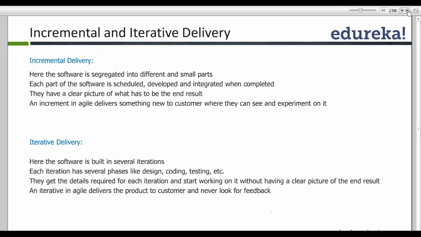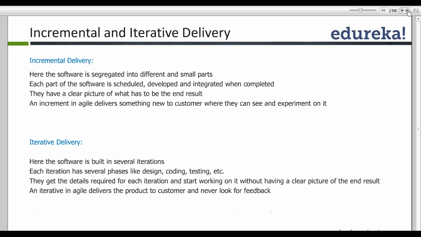When we say incremental, it means you are enhancing the feature or adding something new. In the second level, they might have incremented this software with deposit as well as withdrawal. The third increment would be deposit, withdrawal, and funds transfer. That is incremental delivery. We keep on incrementing the software and enhancing the version as we move along.